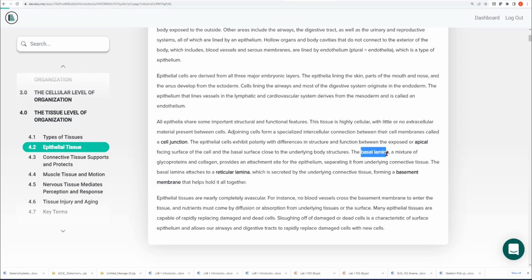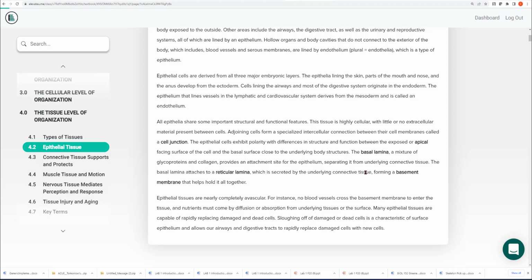The basal lamina is epithelial, and below that there is the reticular lamina, and this is the underlying connective tissue. So essentially the basement membrane is a combination of epithelial and connective tissues that combine to make that barrier between them, or the connection place between them.